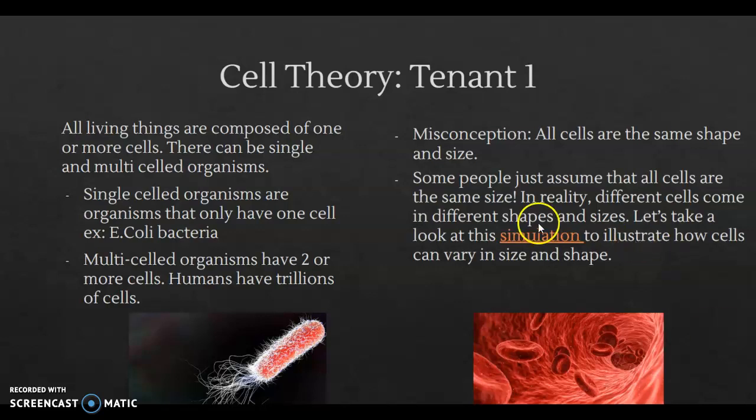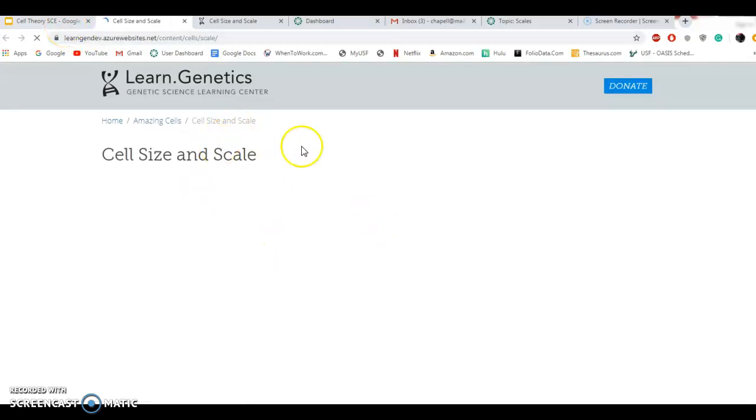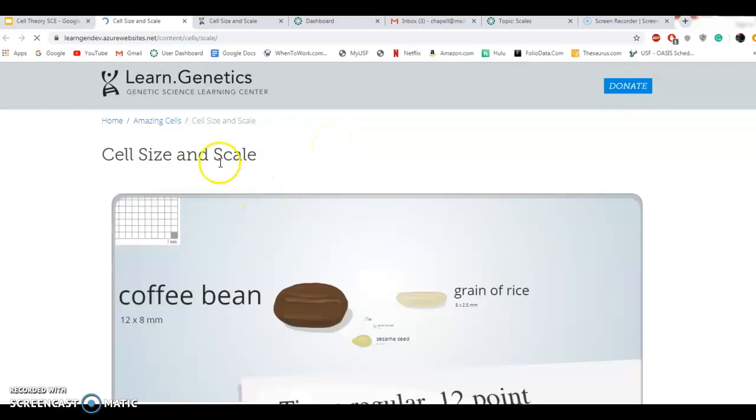Now I want to look at this simulation because it's really a good visual for us to see how cells are different sizes. So I'm going to pull it up here.